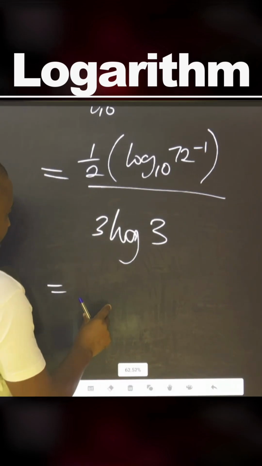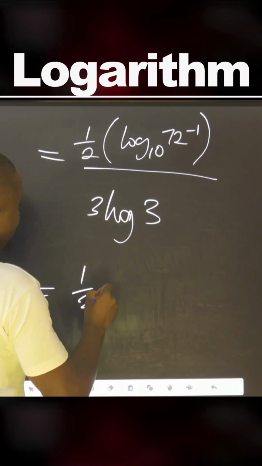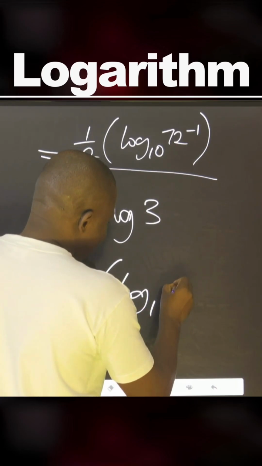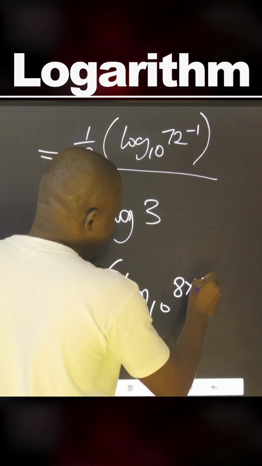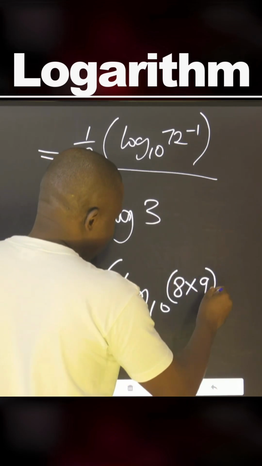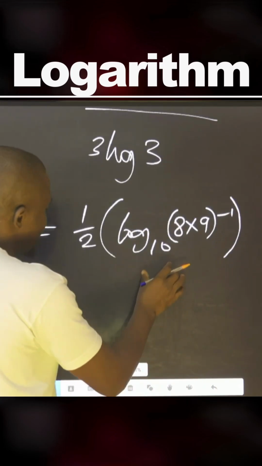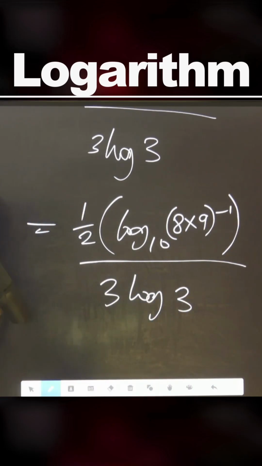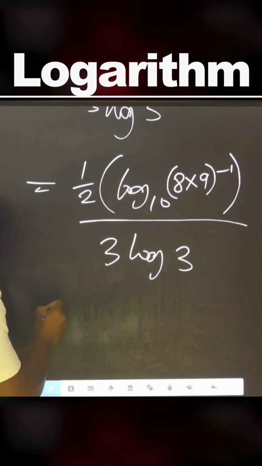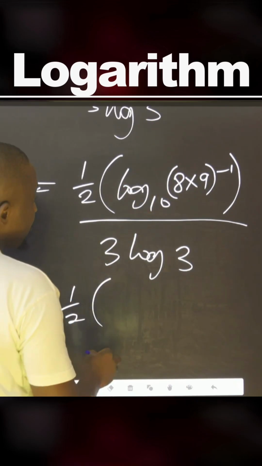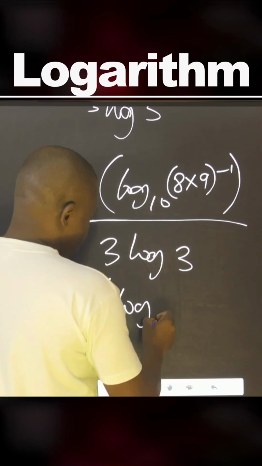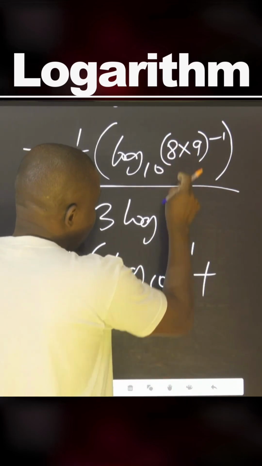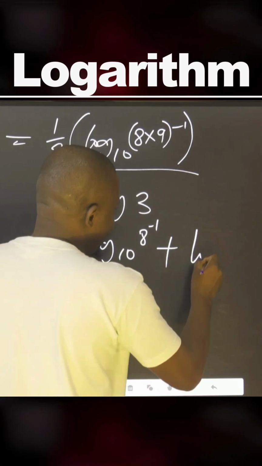So therefore, I can come here to say this equals 1 over 2 log to the base of 10, 8 multiplied by 9. I can expand this to become plus, because of these times, then we have to separate.